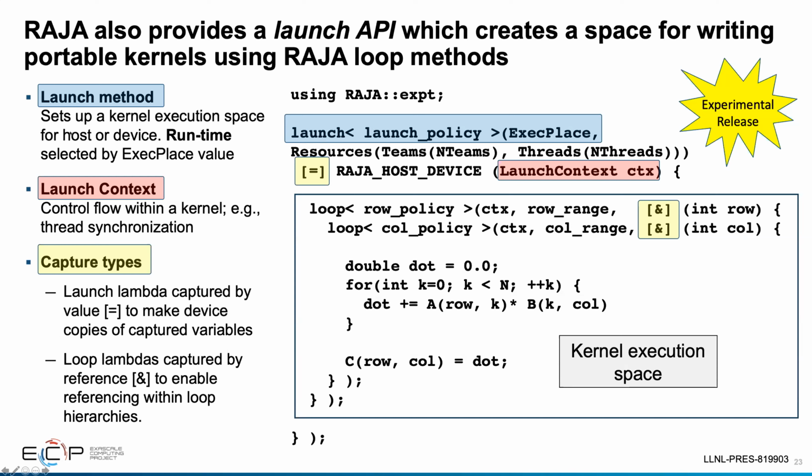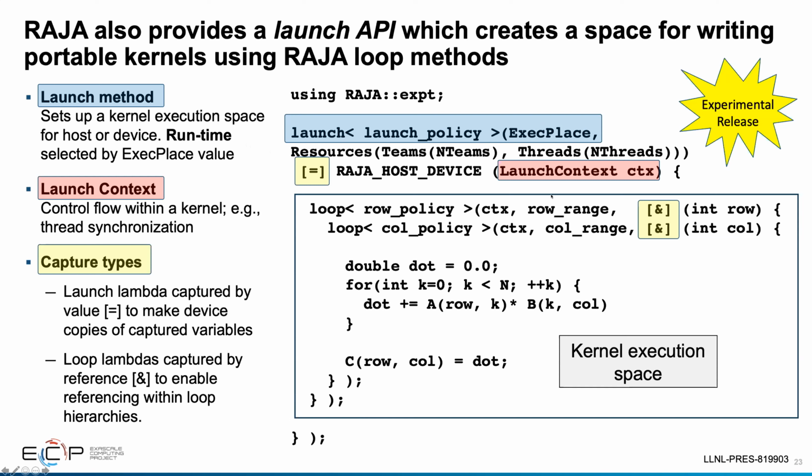There's this launch method, and this launch method sets up a kernel execution space for host or device. So you also have a runtime selection of running the kernel on the host or the device based on the value here, execution place. So the job of this launch method is just to create a general space for folks to write their code in terms of these nested loops.